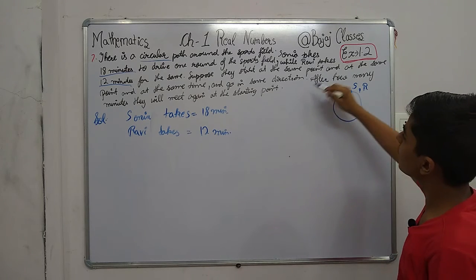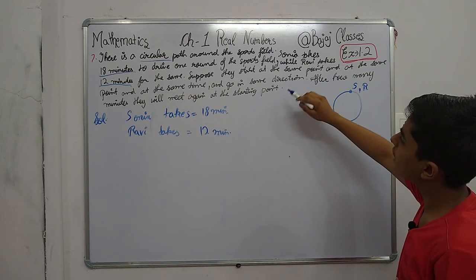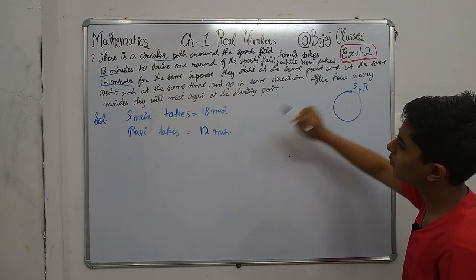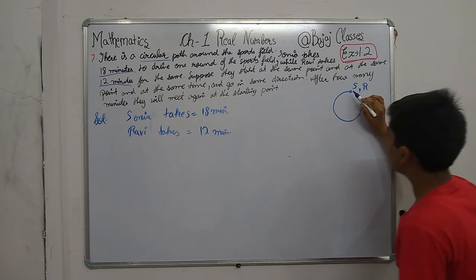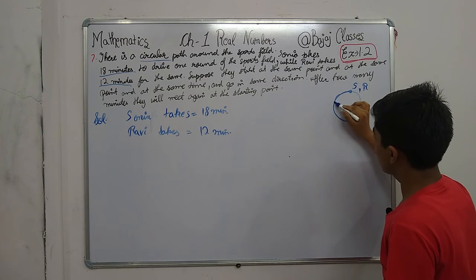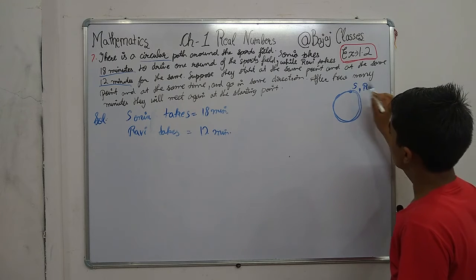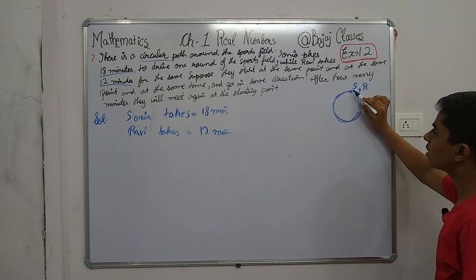They go in the same direction. After how many minutes will they meet again at the starting point? It is telling us that if they both keep taking rounds and rounds, after how many rounds will they meet again at the starting point?